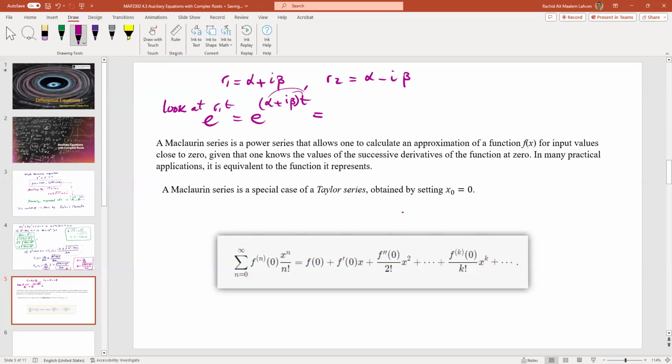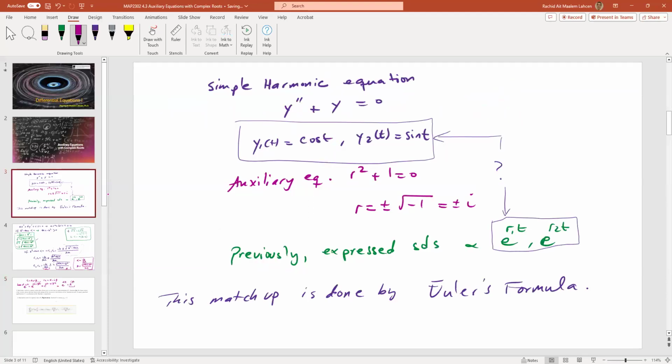Here now you can distribute. And with the exponents, you can change this to multiplication. So that's kind of the interest. And now to work with this, you're going to see how Euler came up with this thing. We're trying to connect these with these.